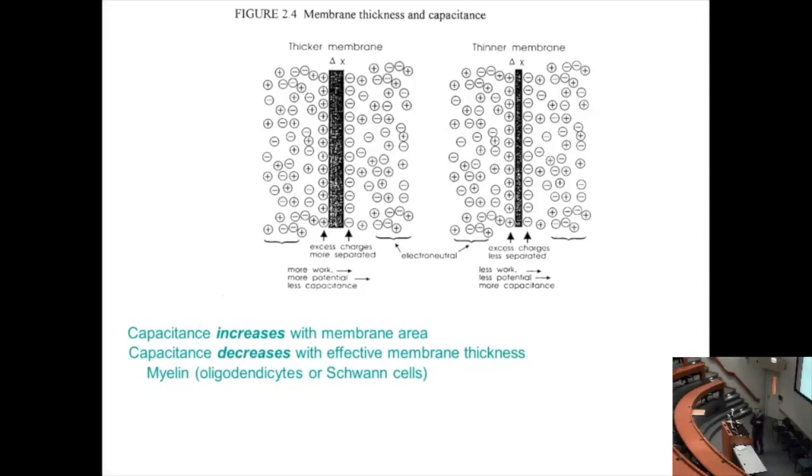And what that means, as we'll soon find out in the action potential lecture, is that your action potential will propagate much quicker in a myelinated neuron, in part because the capacitance is much, much lower, okay? Because we've effectively made that membrane thicker, which is why this is relevant, okay? So thicker membranes, less capacitance, all right?